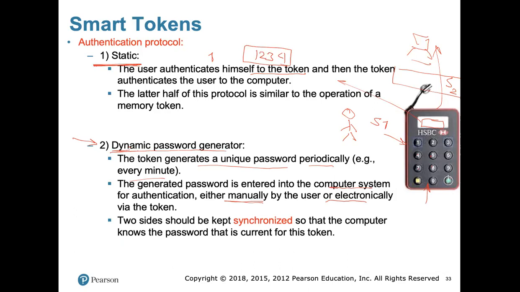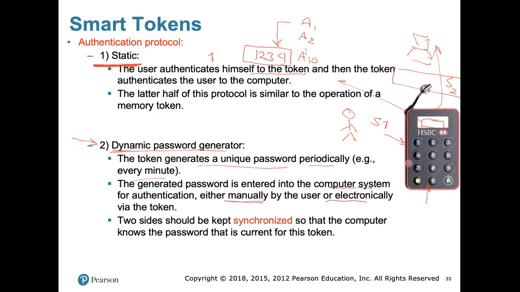If I use this static approach in a smart token, in authentication number 1, authentication number 2, or authentication number 10, in all of them the same ID or the same password is transmitted from the token to the authentication server. So the authentication server always receives the same thing. That's why we say this is static.